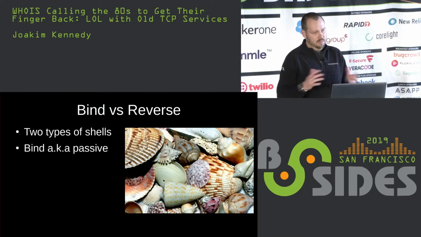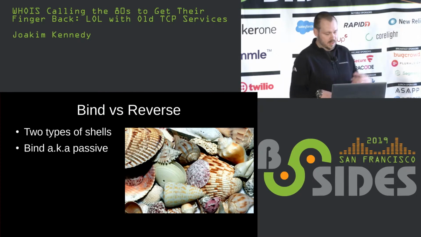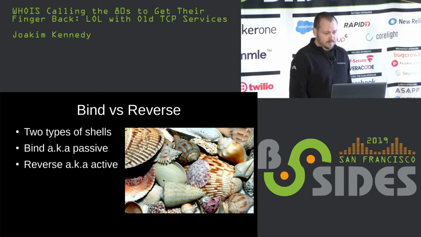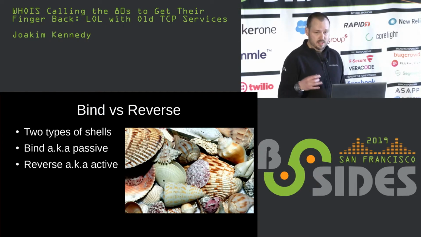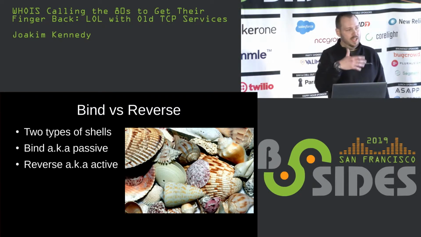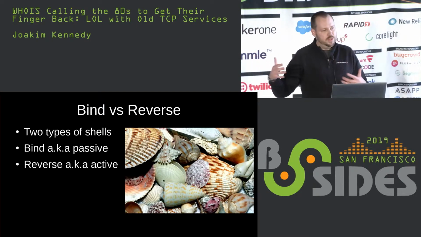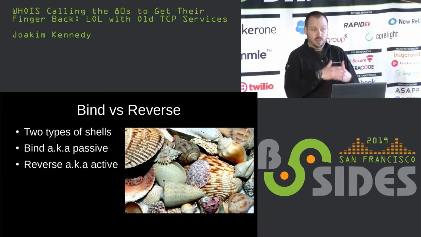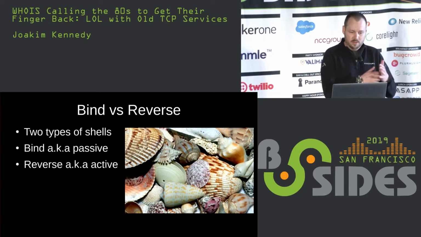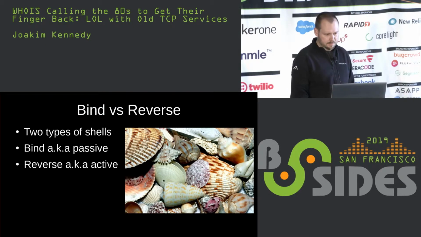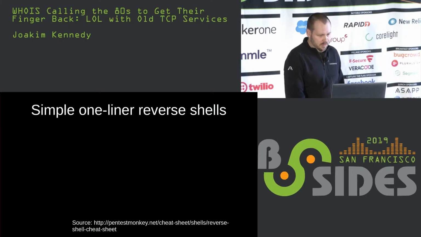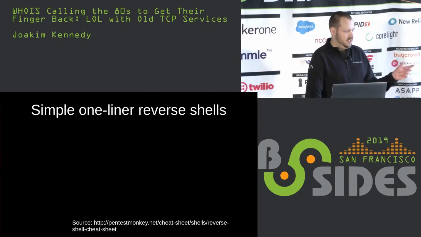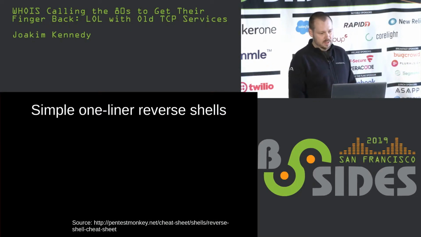They listen on a port, wait for connections, and then provide the shell. A reverse shell or an active implant is constantly beaconing out to a command and control server or another service, and once that connection has been established, the shell environment can be provided. There are multiple ways this can be done in a simple one-liner script.